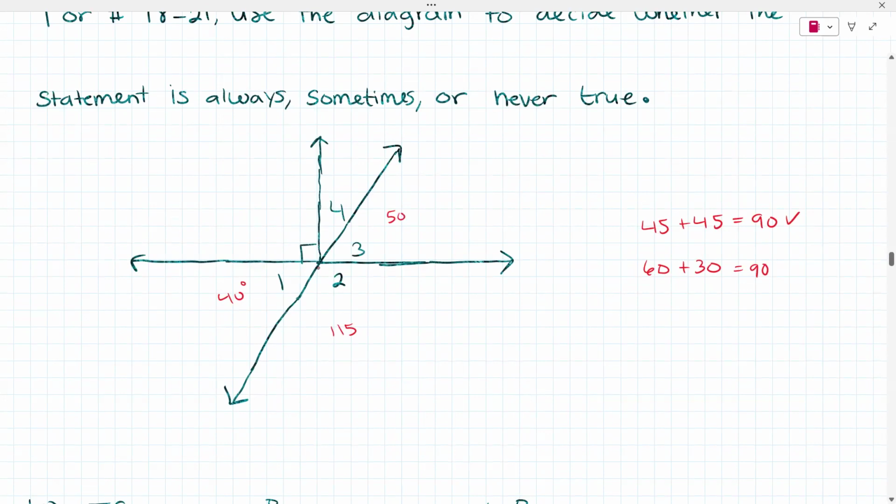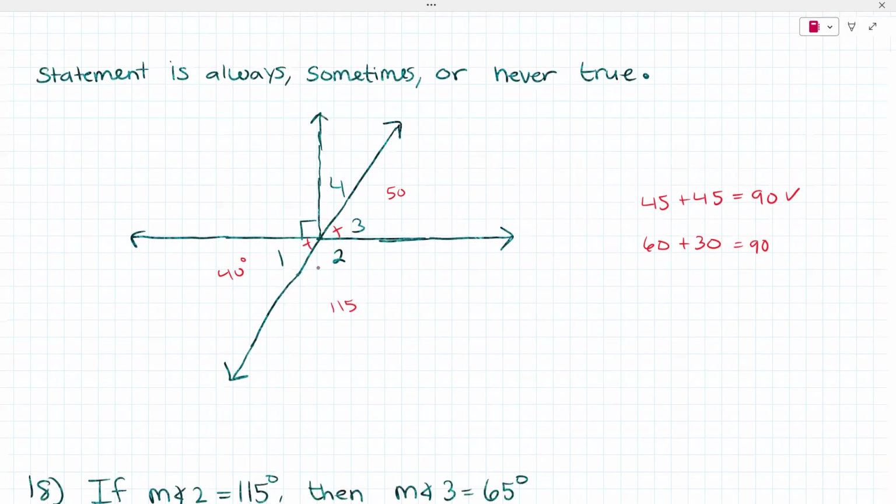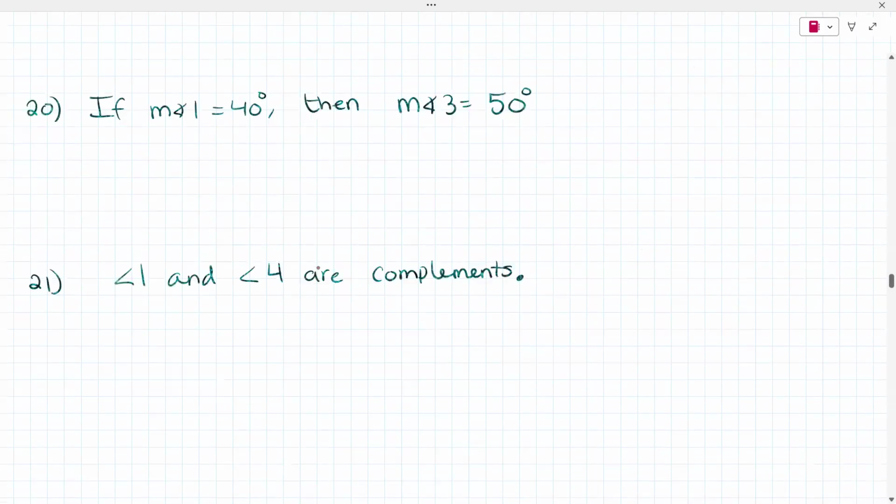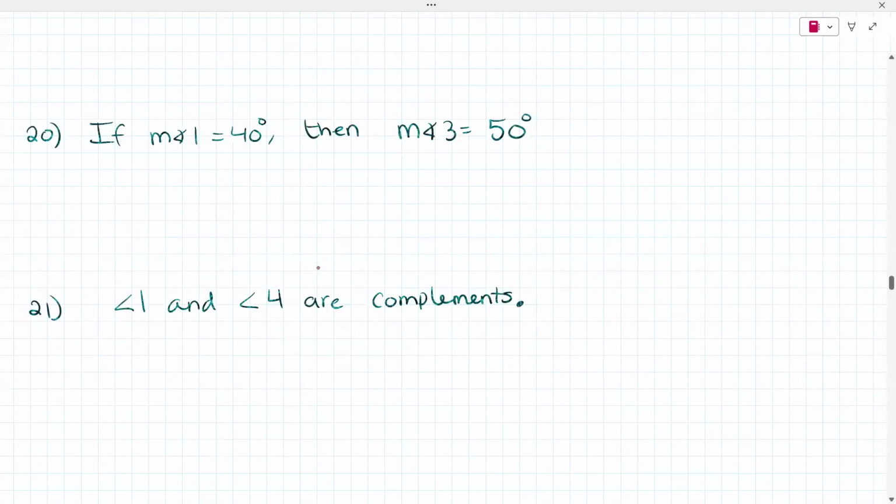That's never going to be true. Why? Because what's the relationship between angle 1 and 3? They are congruent because they are vertical angles, right? All vertical angles are congruent. So this is never going to be true. They have to always be congruent. So never.